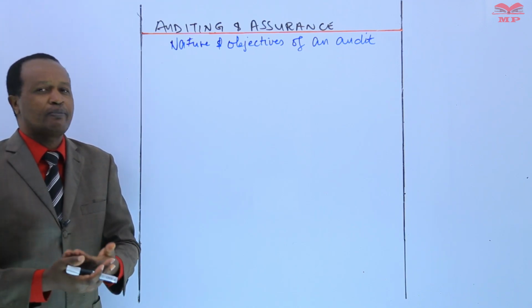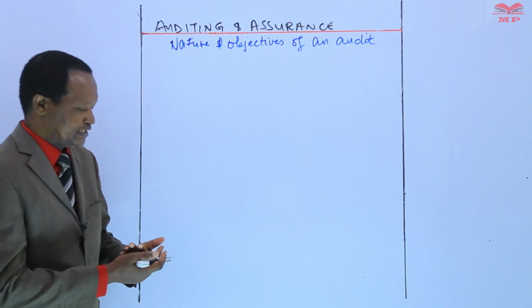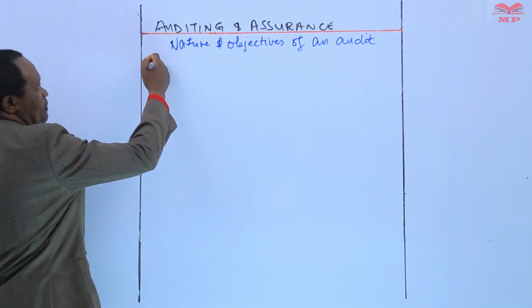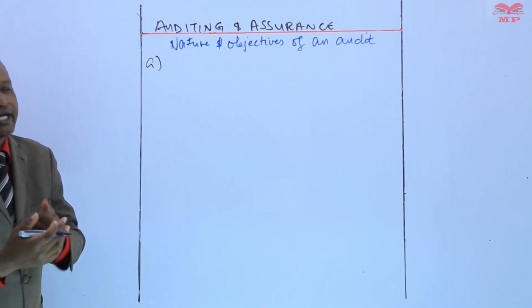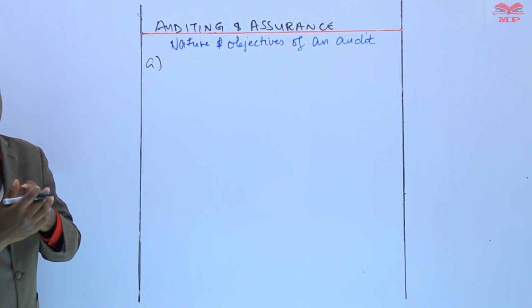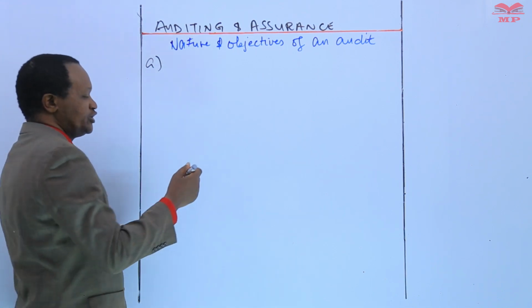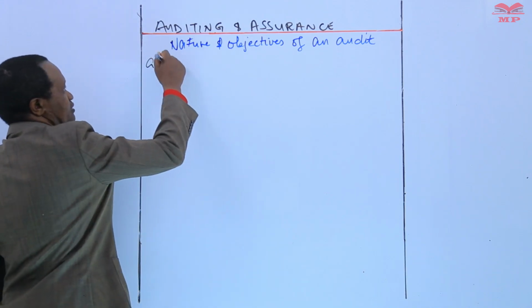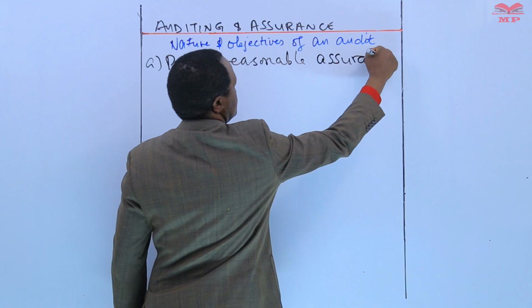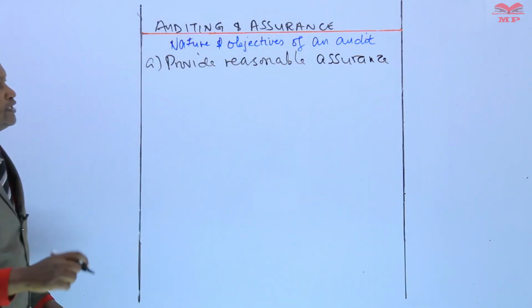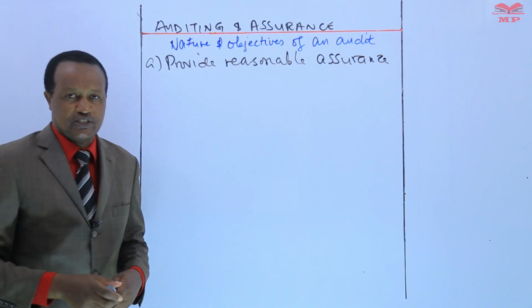So the primary objectives of an audit. One primary objective of an audit is to provide reasonable assurance.